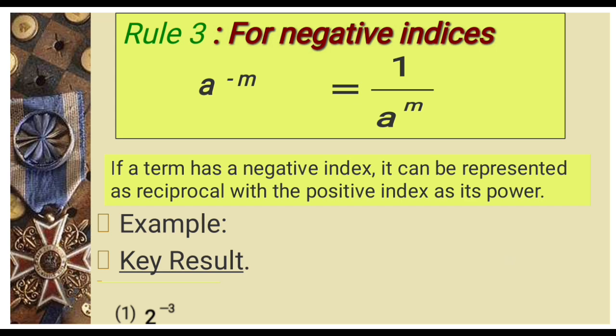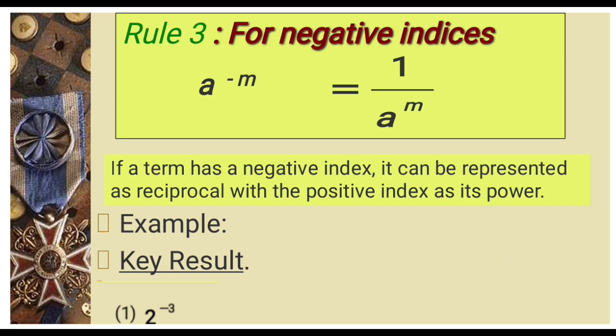Now, if I have a, which is my base, raised to the power of minus m, this can be re-expressed as the reciprocal of a raised to the power of m. That is, I'm going to be having 1 over a raised to the power of m.